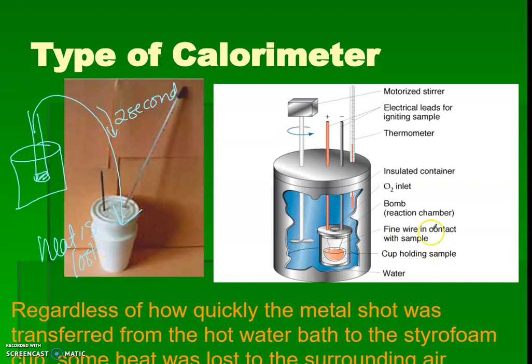In a fancy bomb calorimeter, what ends up happening is that this immediately just drops in. There's a little button that is pushed, and it never gets exposed to the outside air. So most likely it has to do with losing heat to the surrounding air. And that is how you determine your specific heat from one of your experiments.